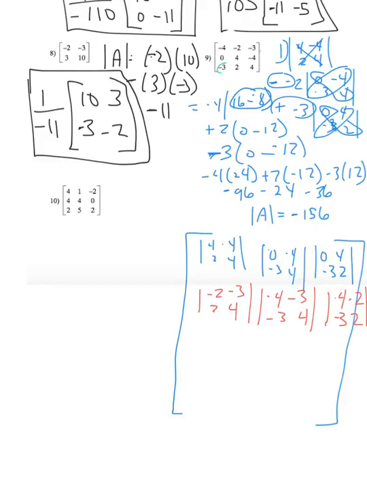And now I need this one. So its minor is -2, -3, 4, -4. This one right here. So that has a minor of -4, -3, 0, and -4. And then lastly, this one is -4, -2, 0, 4.